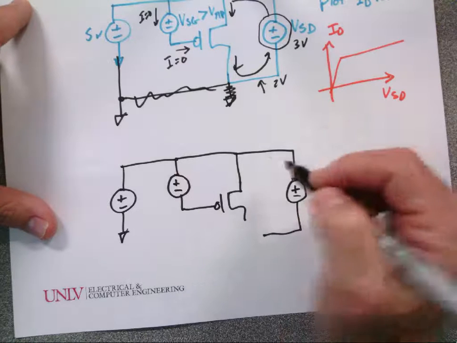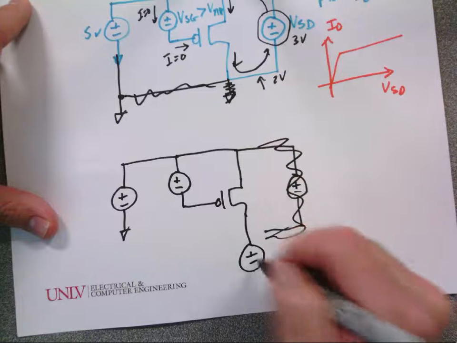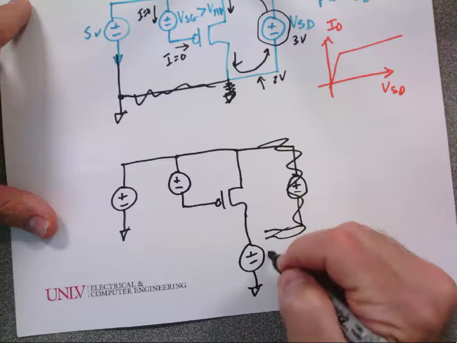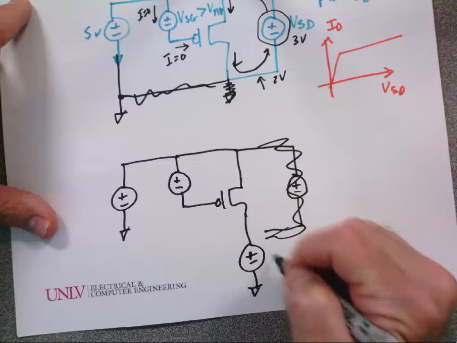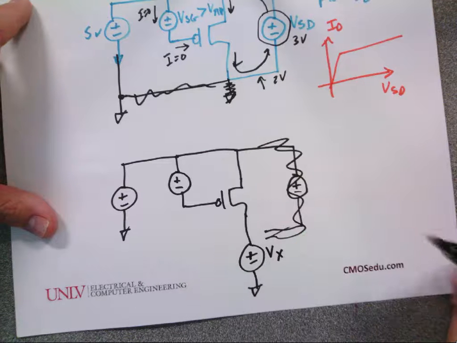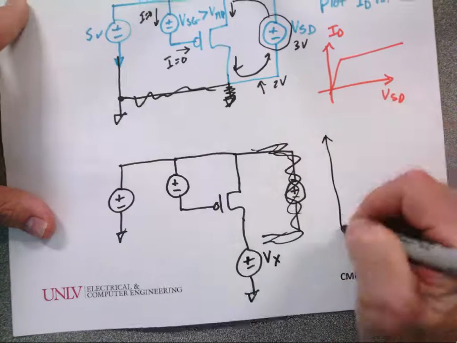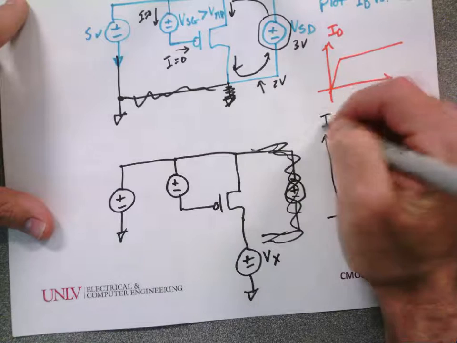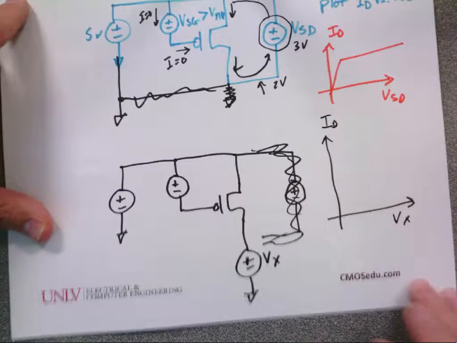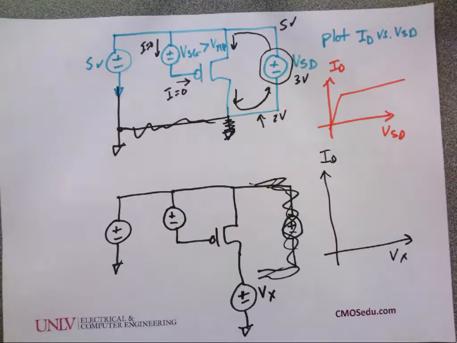Let's just call this Vx. And I say plot ID versus Vx. This is straight out of the current mirror problems that we did in chapter 20.